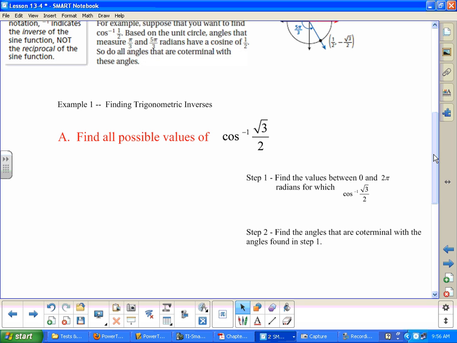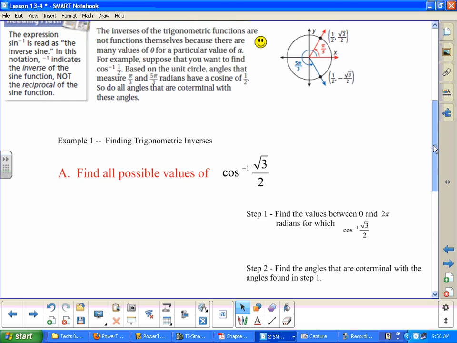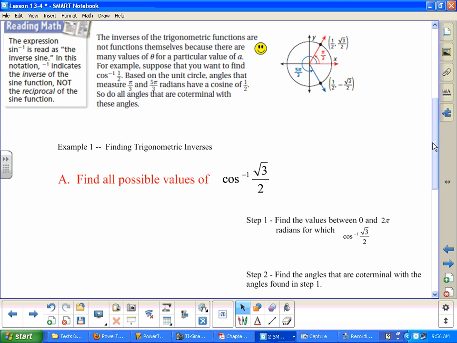That means that every time I go around the circle to a specific spot, I have a specific number. But there's an infinite number of times that could happen, because we have all those coterminal angles. And so we have to take all of those coterminal angles into account.